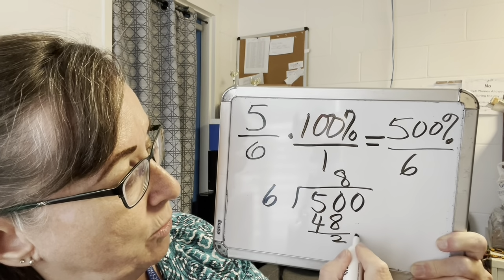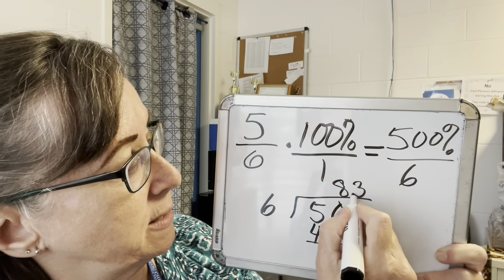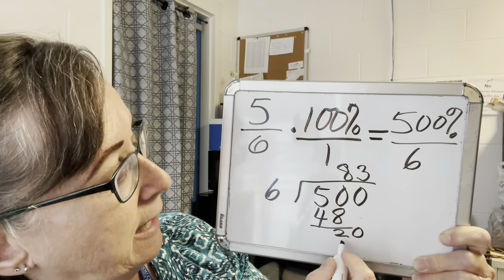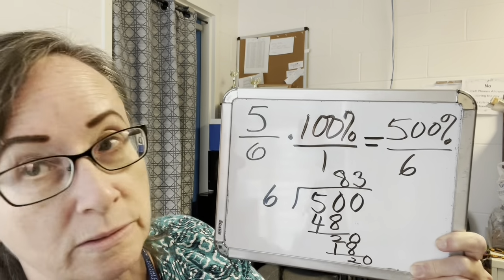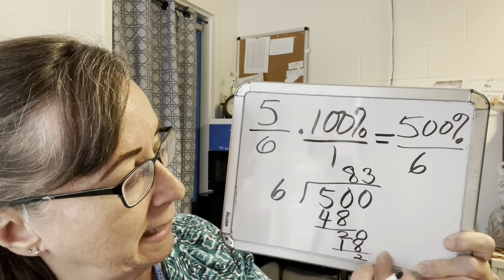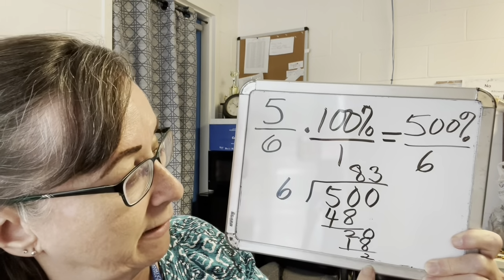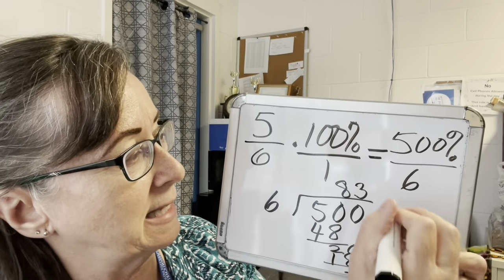Bring down the 2 and the 0. 6 into 20 is going to go 3 times. 3 times 6 is 18, which is going to give me a 2 and a 0. Since I'm already done, I'm not going to bring down anymore. I'm not going to do decimals. I'm going to take the 2, divide it by the 6, and 2 over 6 is the same as 1/3.